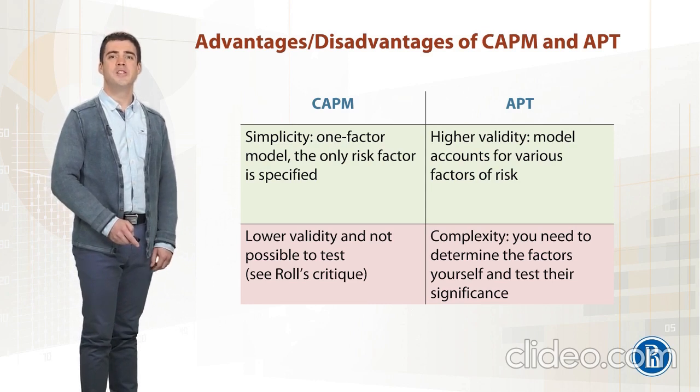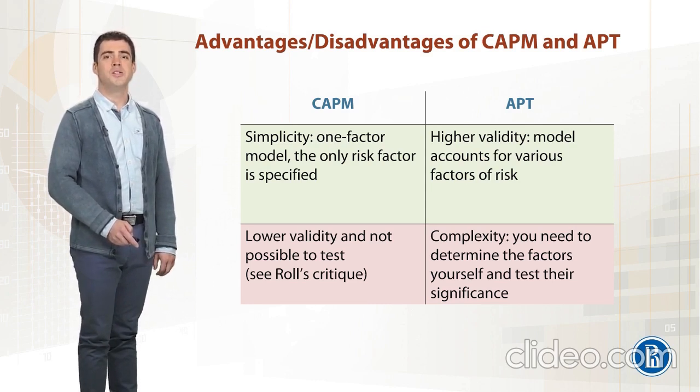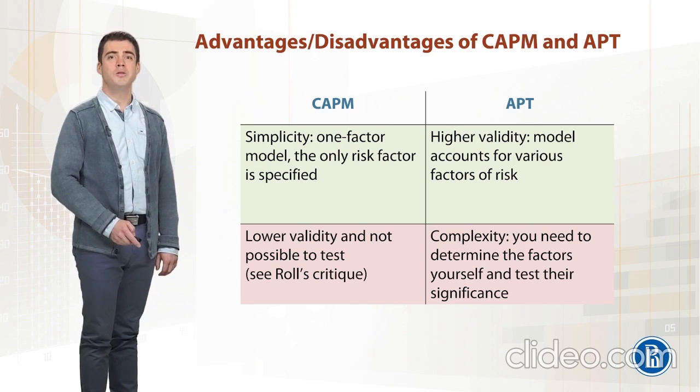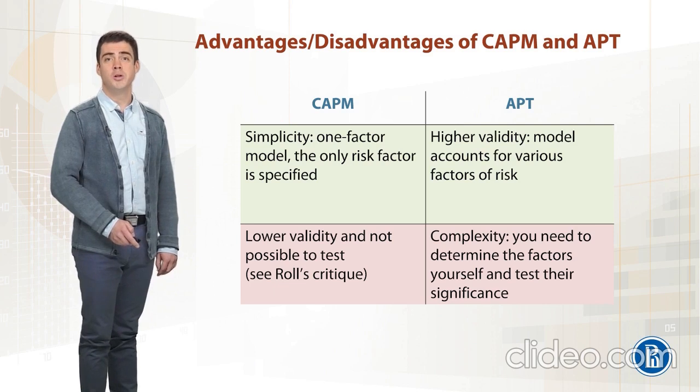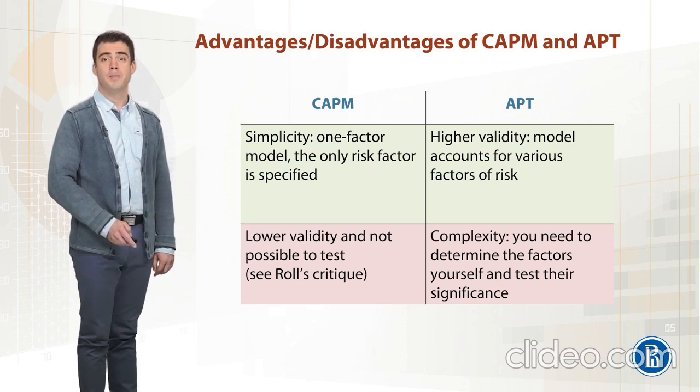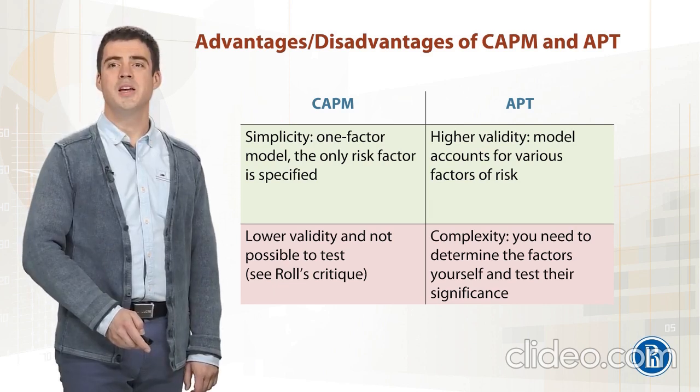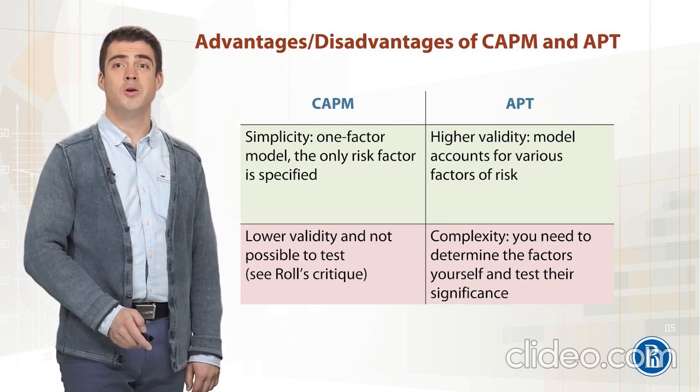However, at the same time, arbitrage pricing theory based on a multi-factor model generally has higher validity because it can account for various factors of risk rather than the stock exposure to the market risk premium. However, this is a model of higher complexity because you need to determine the factors of risk yourself.